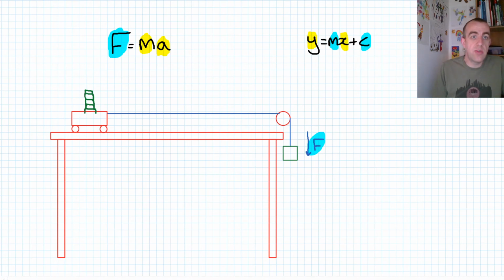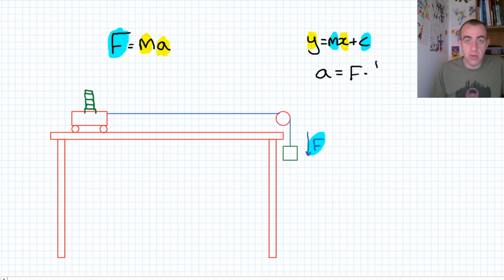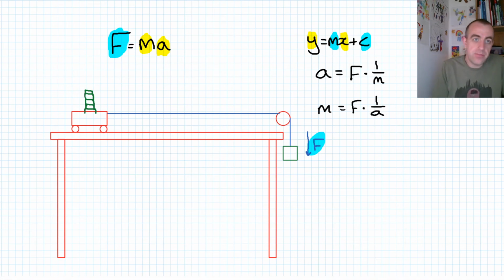So if we assume c is 0, and if it's not, we'll figure out why later, then we have to rearrange this equation. We can either say acceleration is equal to force multiplied by 1 over mass, or we can say that mass is equal to force multiplied by 1 over acceleration.